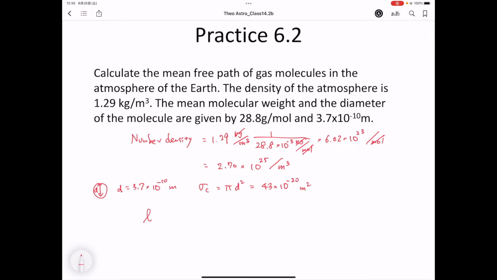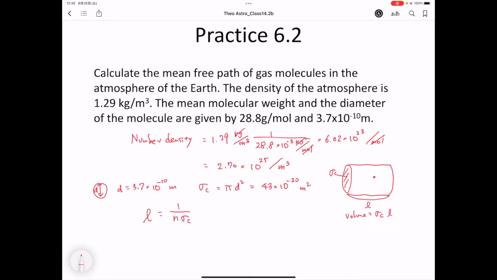The mean free path can be calculated as 1 over n sigma sub c. If you consider a cylinder, the area of the cylinder is sigma sub c and the length is L. Then the volume of this cylinder is sigma sub c times L. If we find a single particle inside this cylinder, we expect a single collision between the gas molecules.